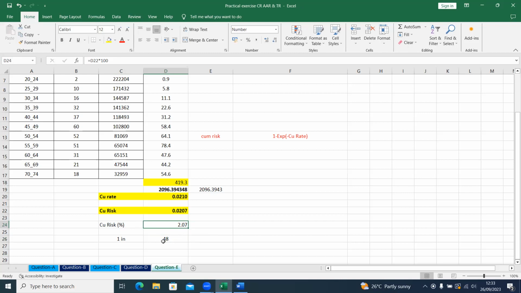Now mention the formula, that is 100 divided by 2.07. You just calculate 100 divided by 2.07. What is your answer? Dr. Ikram, what is your answer?